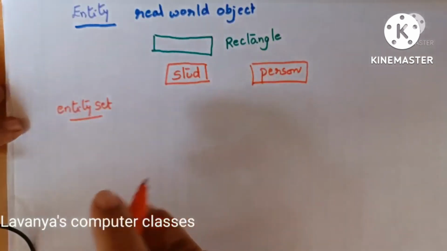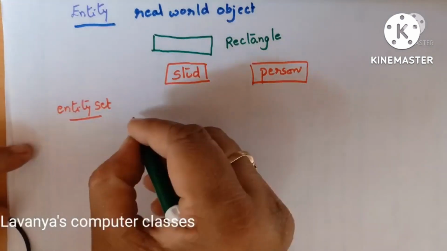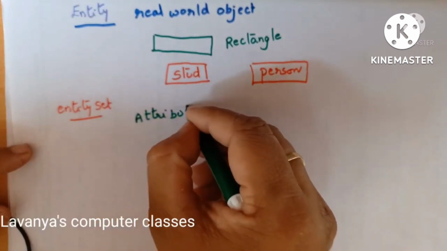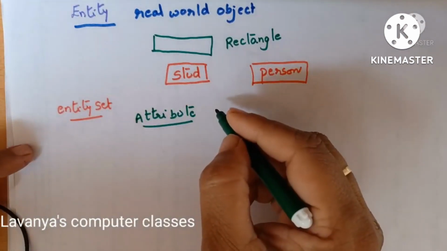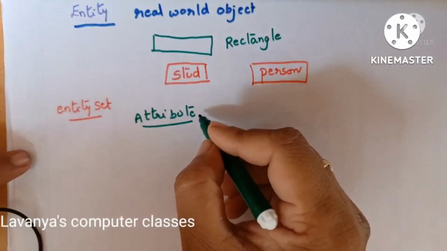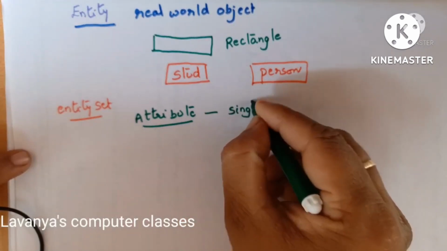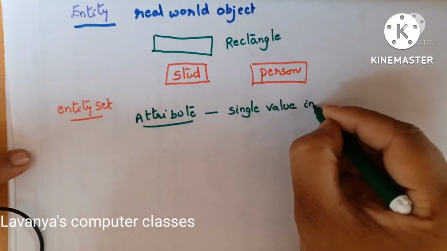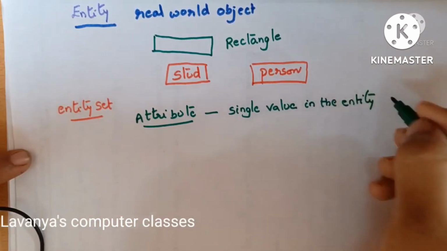Okay. Now the next component is attribute. What is an attribute? It means uniquely recognizable. A single value in the entity is known as an attribute.